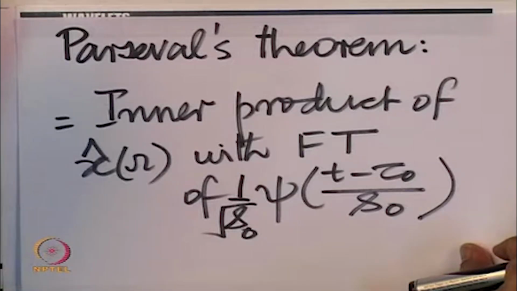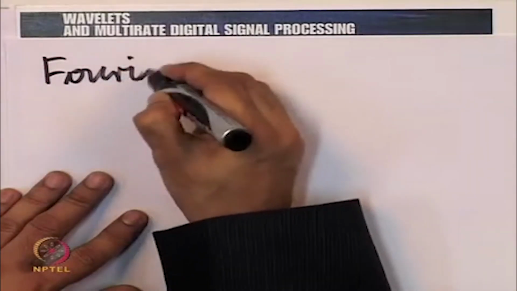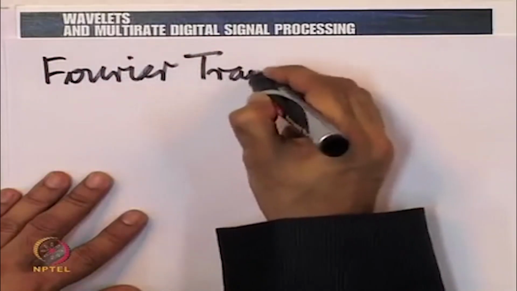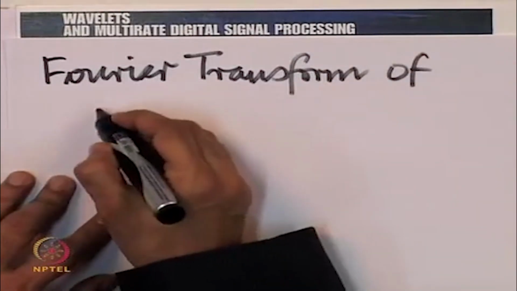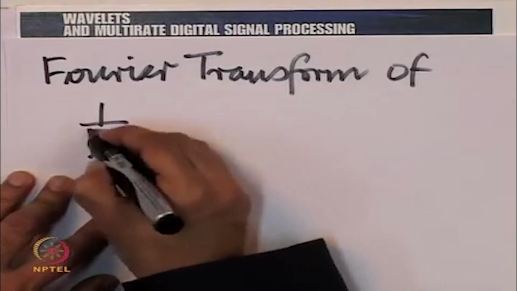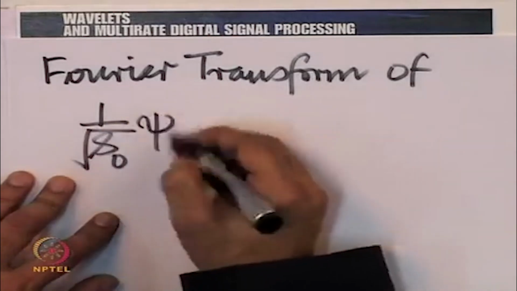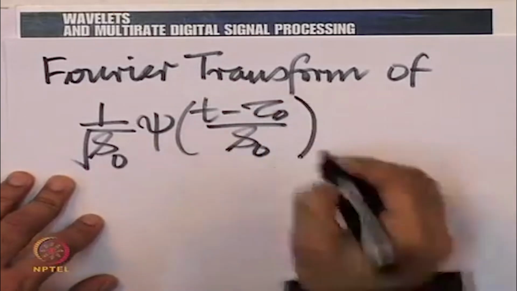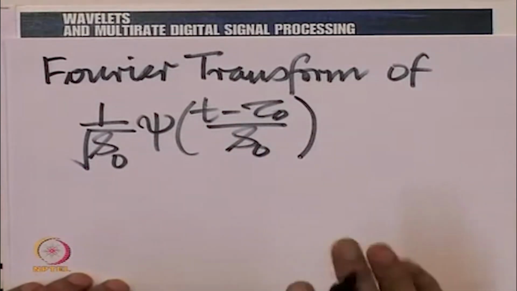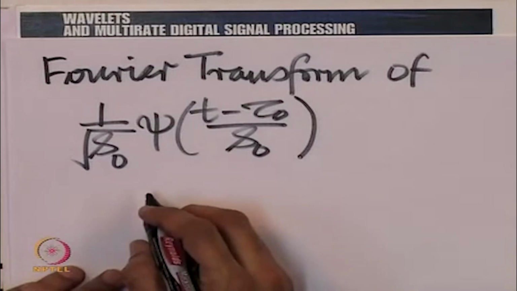Now, the Fourier transform of 1 by square root S naught psi of (t minus tau naught) by S naught can be calculated as follows. We will do it in 2 steps.